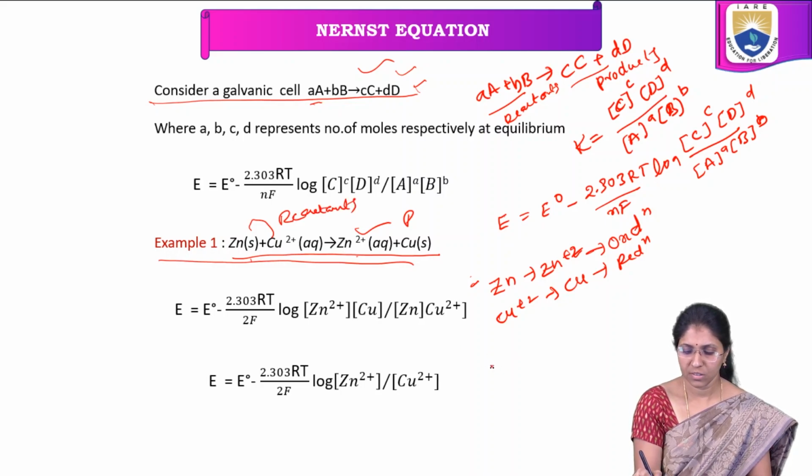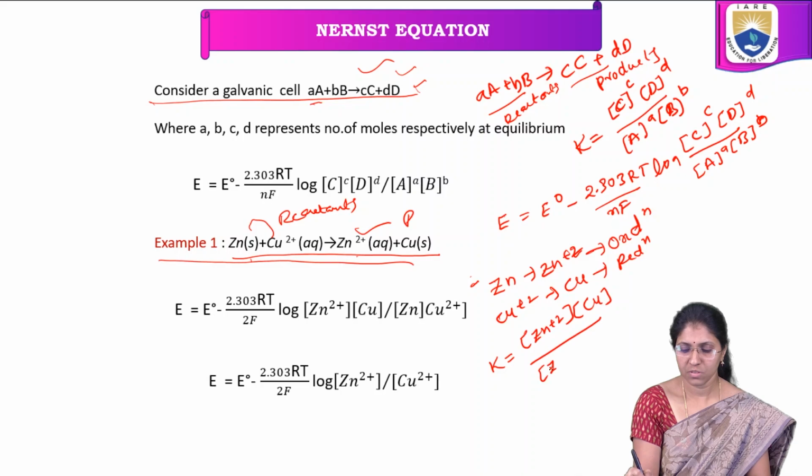So by taking the K value, concentration of zinc plus 2 into concentration of copper, by concentration of zinc and concentration of copper plus 2. We know that for solids, the concentration of metals should be 1.